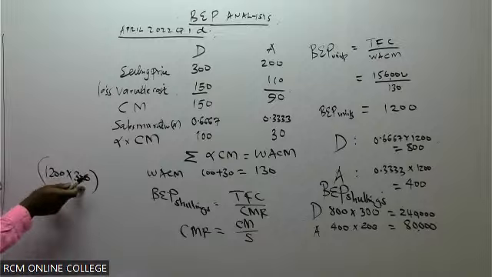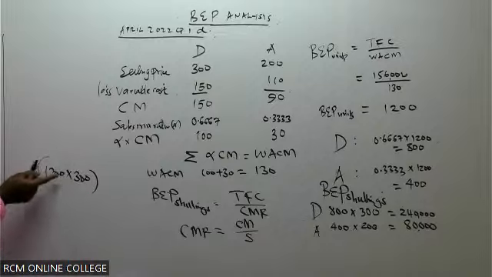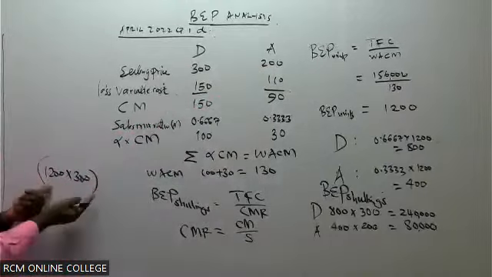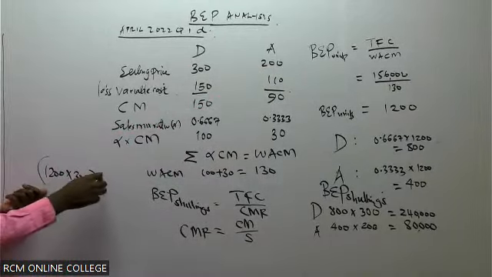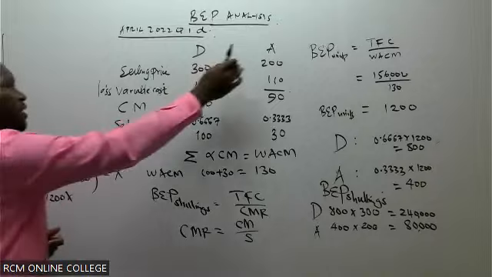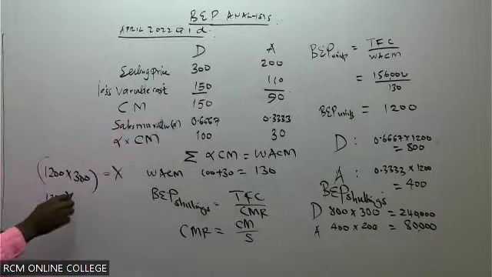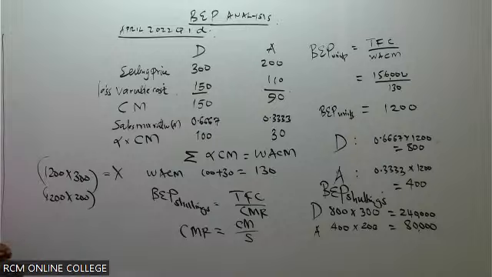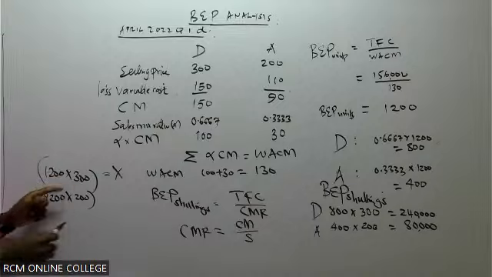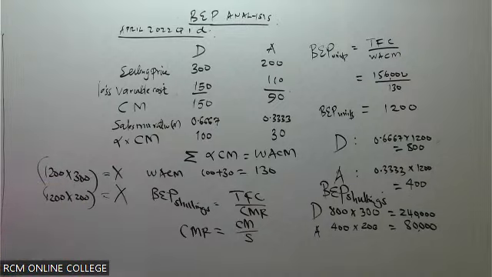If you multiply by 300, remember, you've even included the units of A, which should be sold at 200. All of them have been included here. Whatever you're going to get here is wrong. Is it? If you decide again to say that all the 1200 units we multiply by the selling price of A, which is 200, you will be lying to us because you've included the units of D, which should be sold at what price? At 300. So again, what you're going to have there is wrong.